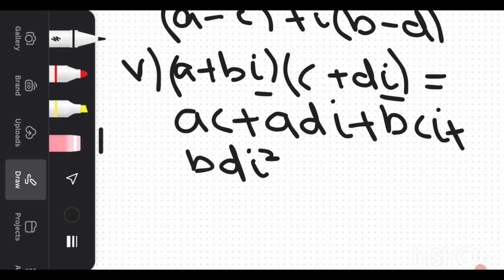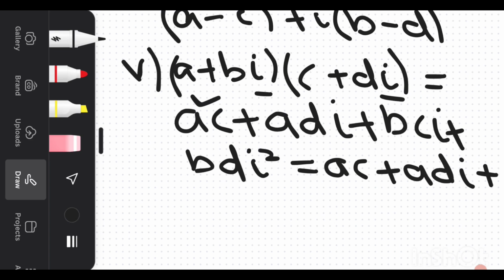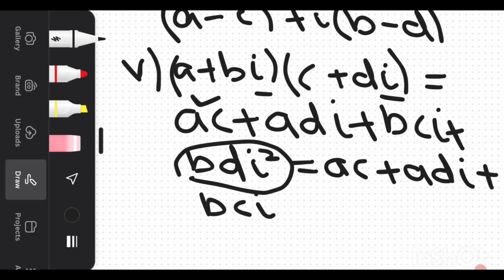So now it is equal to, here we will combine the real part with the real part, like ac is the real part. Now the next one, which one is the real part, we will see. So ac plus ad iota, it will remain the same, again bc iota, it will again remain the same, but now this expression will change because we have iota square value which is -1.